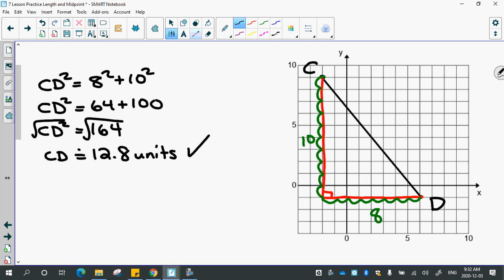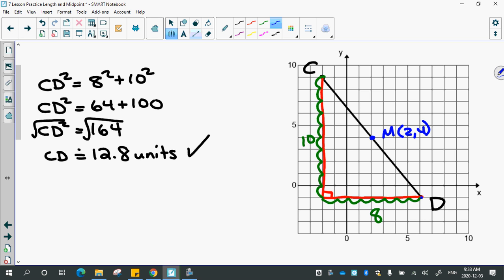So we're right, okay? And then we can just check our midpoint and plot it in. So it turned out to be 2, 4. So from 0, 0 over 2, up 1, 2, 3, 4. And let's check if that's right.